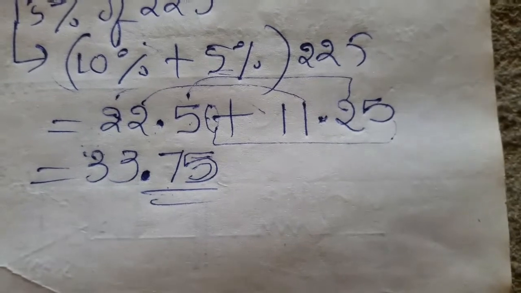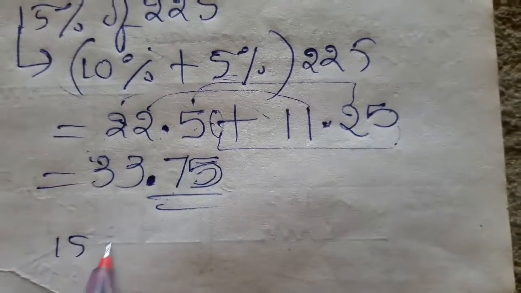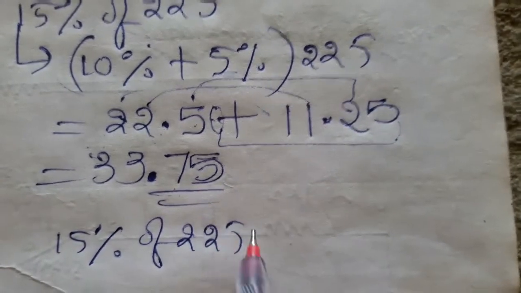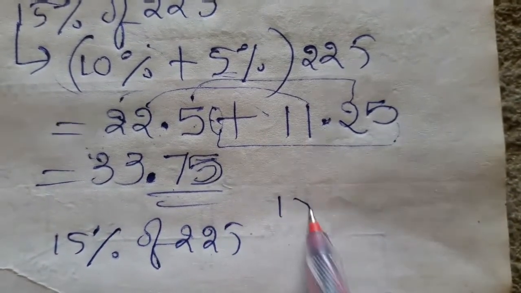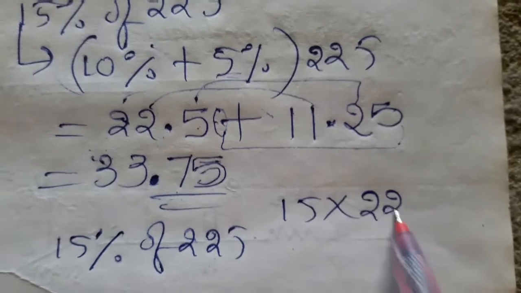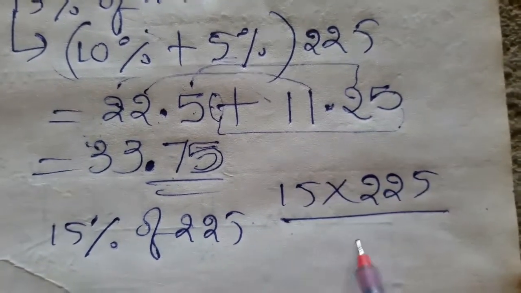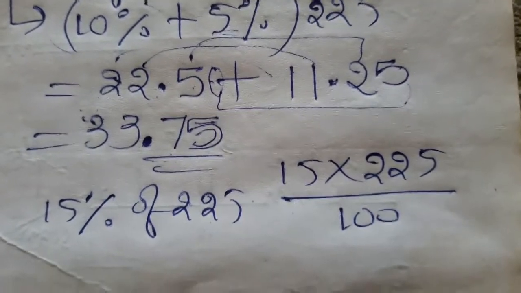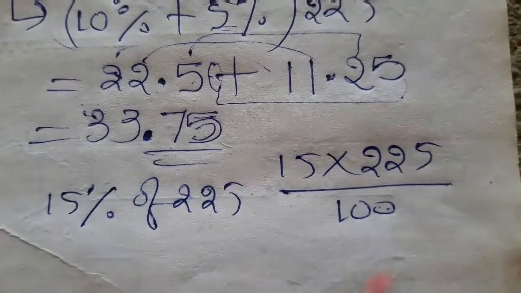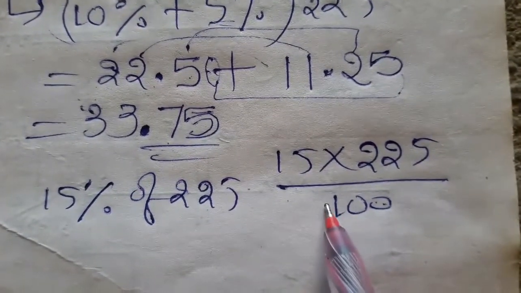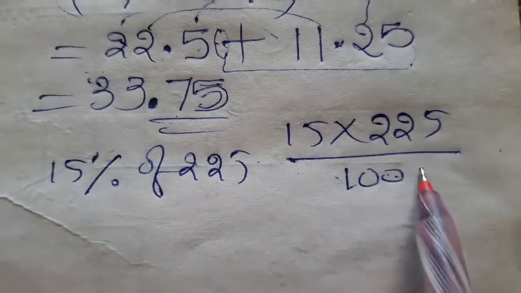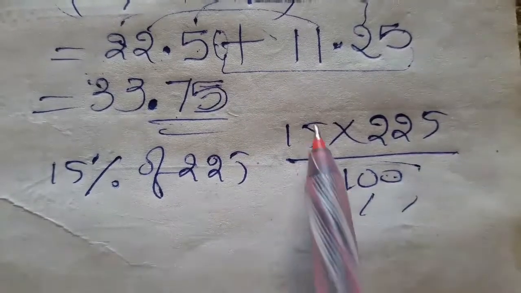Actual method. What we need is 15% of 225. So basically 15 into 225 by 100, isn't it? In the 25 table, no need of that. So 2 zeros are there.